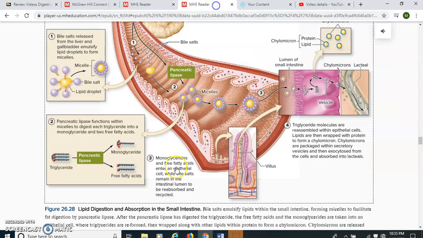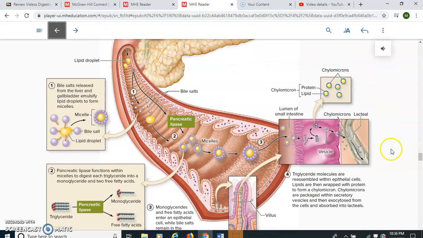And then when it comes to absorption, it's a little bit different than with carbohydrates and proteins. We have a picture here to show it. Our little fat droplets here, the monoglycerides and free fatty acids, remember they're not soluble in water, and this is a water environment in the lumen of the small intestine.